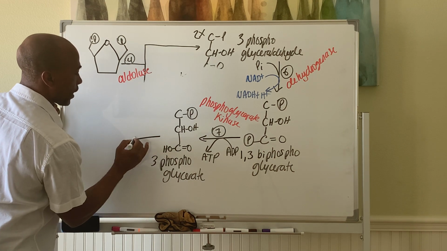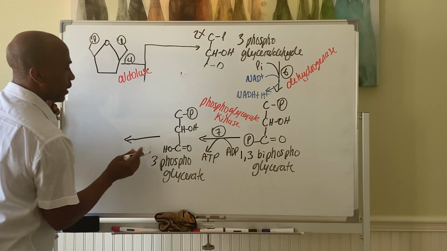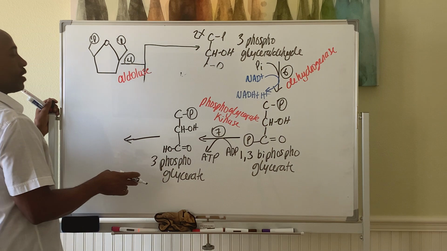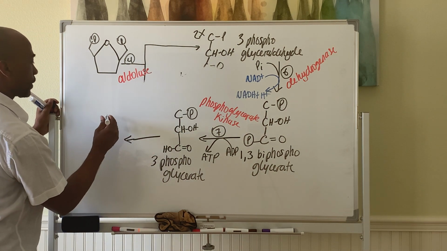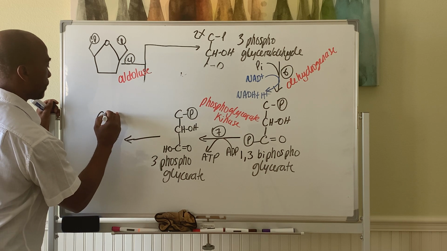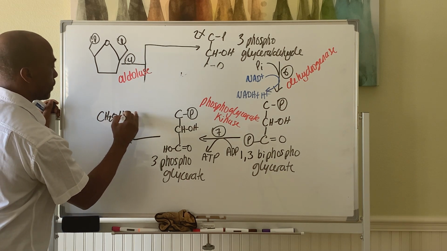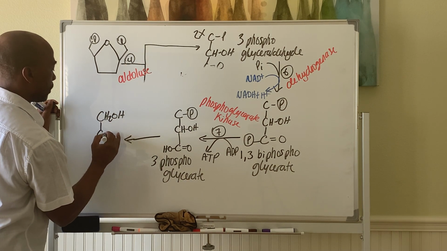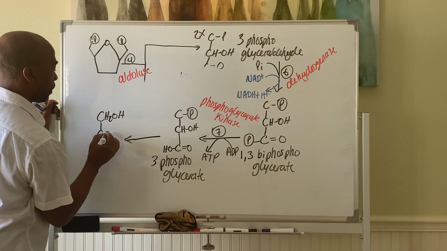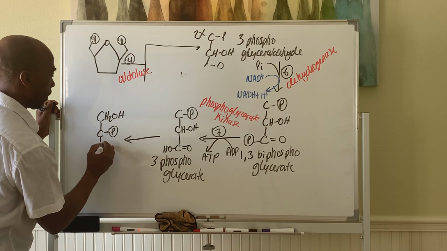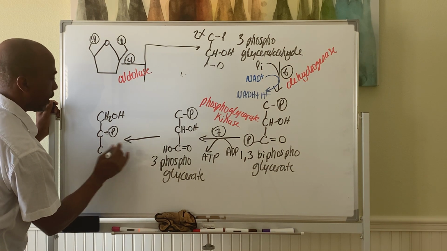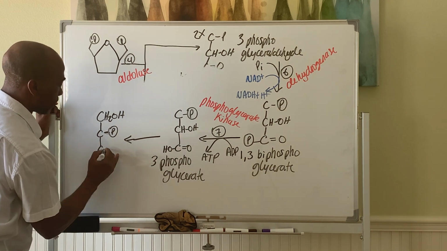And then from here, reaction 8. Go over some more. Now we're going to move the phosphate from number 3 down to number 2. Okay, so we're going to make it like this. Move it down to number 2. And then this by the way, can be written as a COOH.